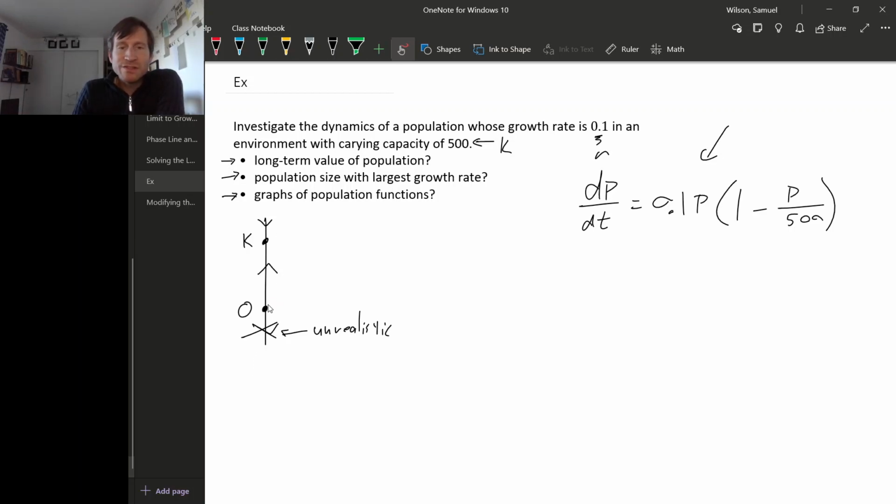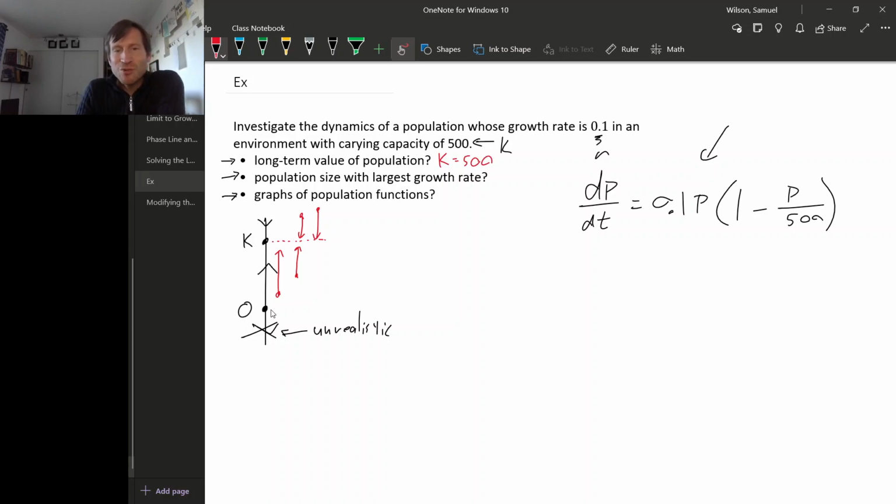All right, well, you can see that if our population starts at anywhere except 0, say here, the phase line says it's going to move towards K. If we start here, the population moves towards K. If we start up here, the population moves towards K. So no matter where we start, except at 0, the population will always move towards the carrying capacity, K. So one possible long-term value of the population is the carrying capacity, which is 500.